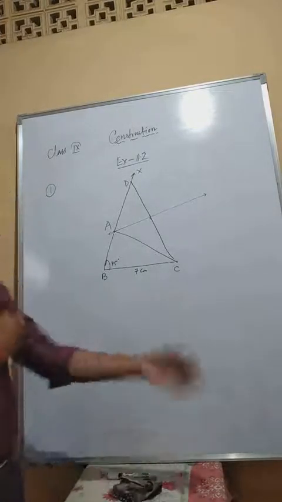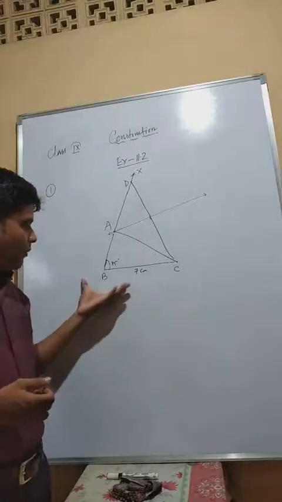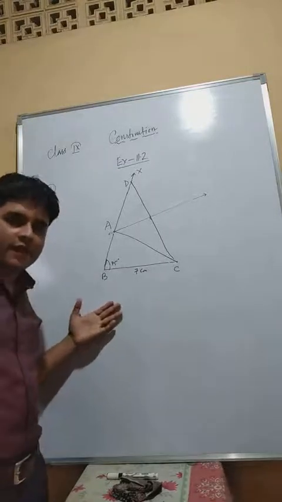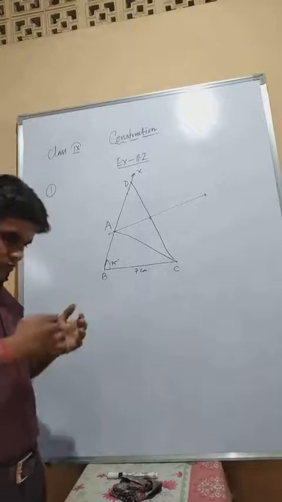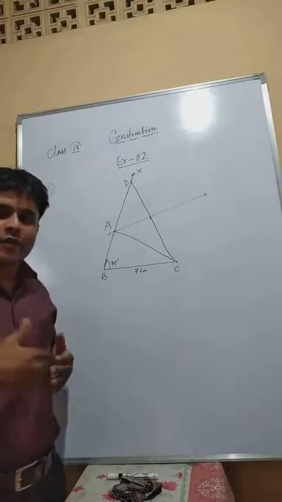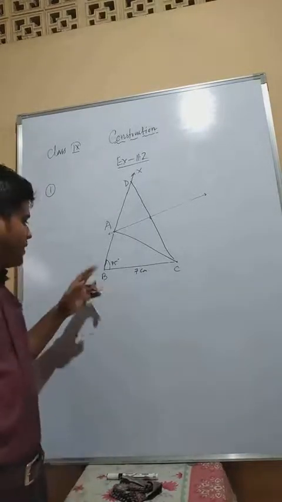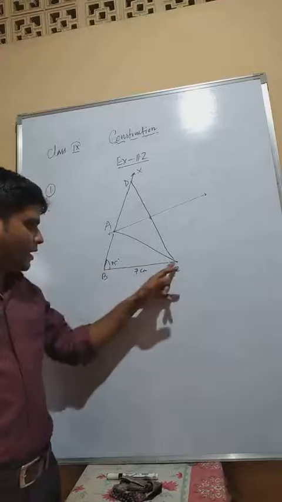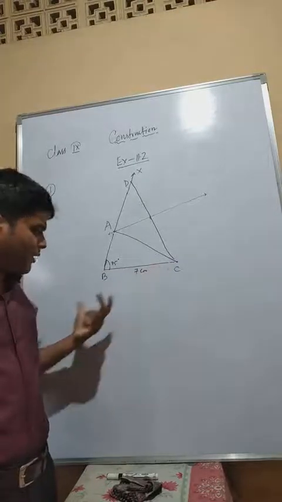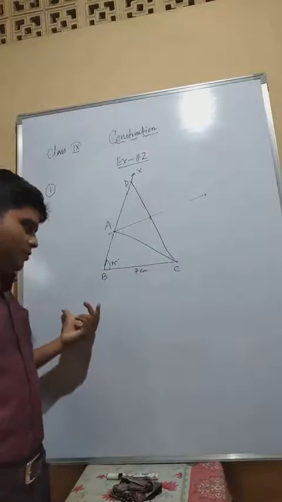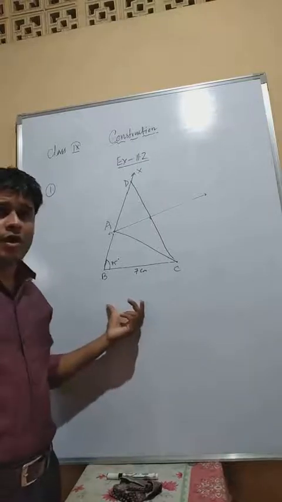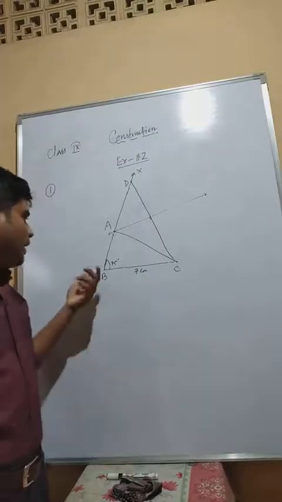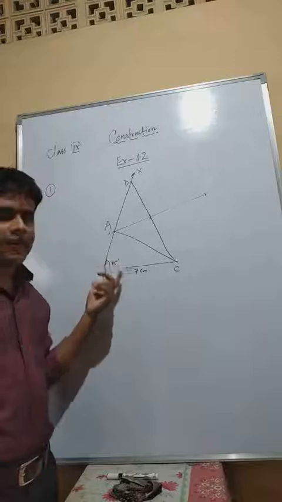Now you see, drawing work you have drawn, but after this the steps of construction are very important. So which work you have done first, you have to write stepwise. First you have taken this line segment BC. So you write here in step 1, a line segment BC is drawn of length 7 centimeter. At B, an angle 75 degrees is drawn.